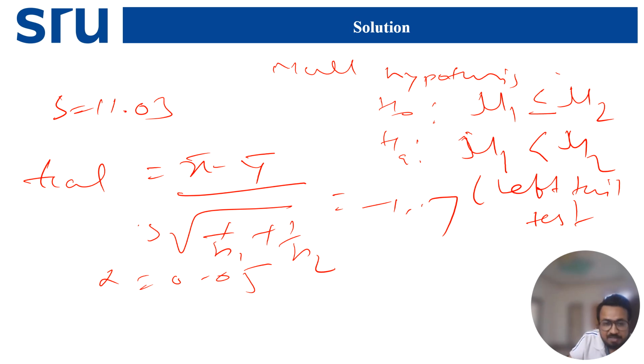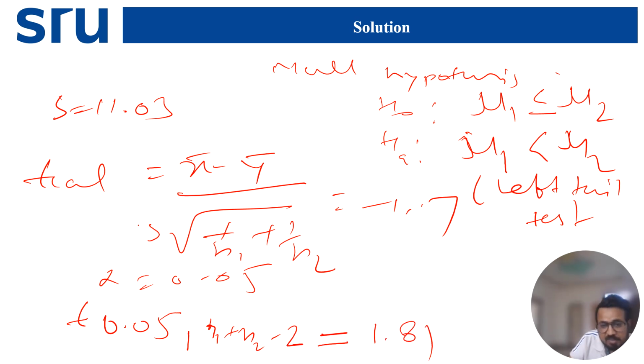Now we will find the value of t alpha, 0.05 comma n1 plus n2 minus 2. This is equal to 1.81, and this is for the one tail test. Why? Because this is the greater than type, so that is a one tail test, and from the table we can find the value 1.81.